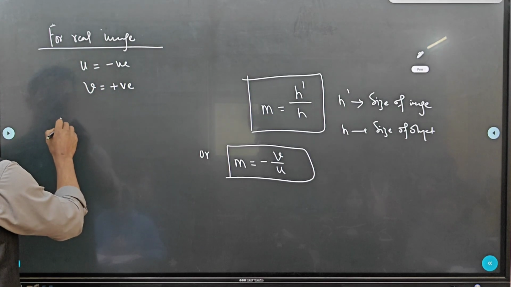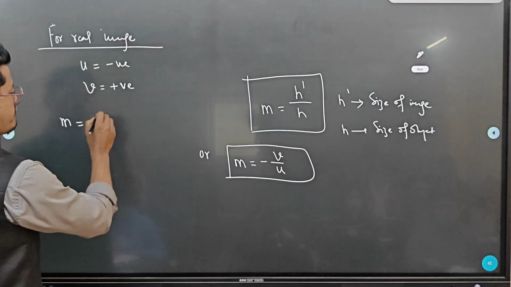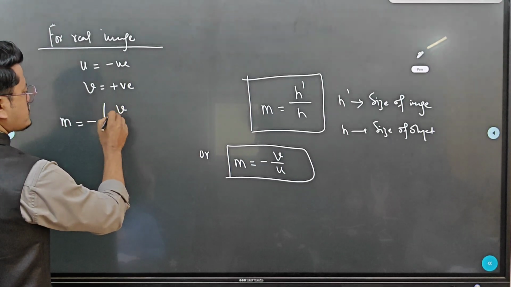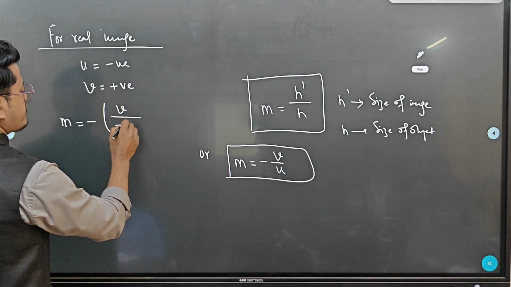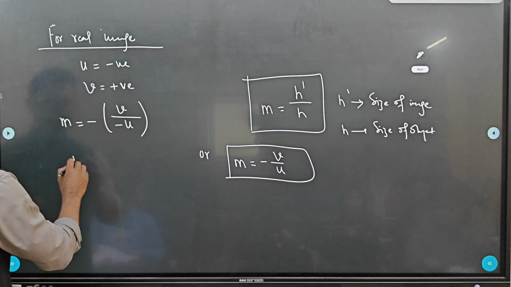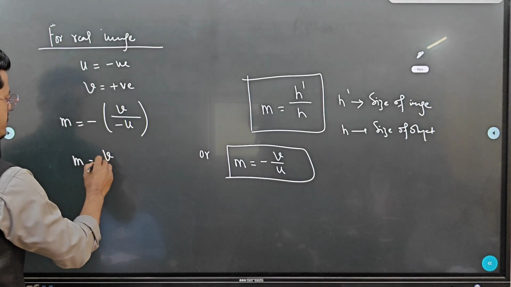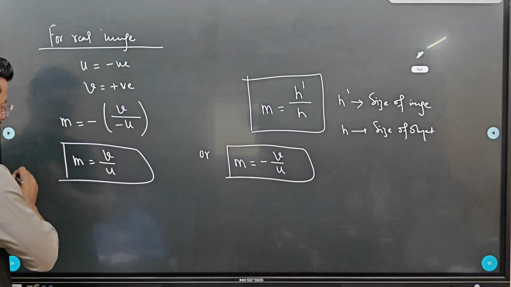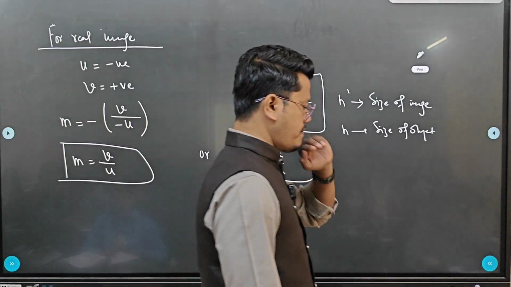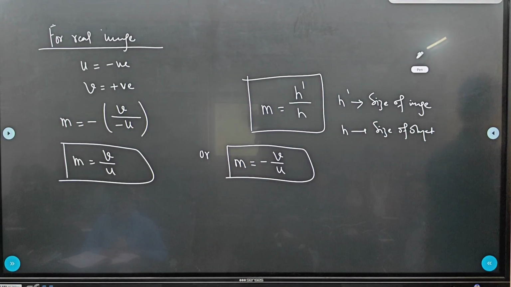So what should be the magnification? M equal to minus of V by U. V is positive and U is negative, so minus of U, right? So I got a magnification as minus minus plus, V by U for real image in case of lens. Please calculate for the virtual image by yourself.